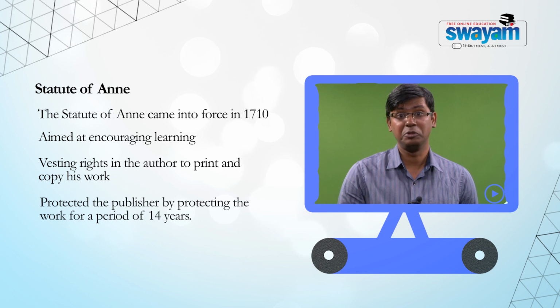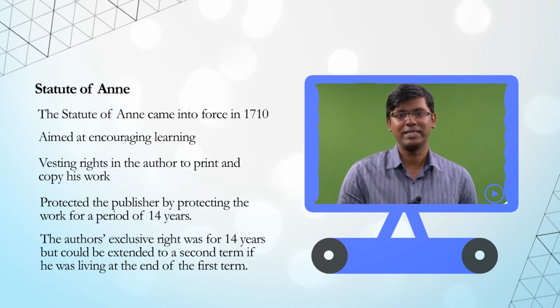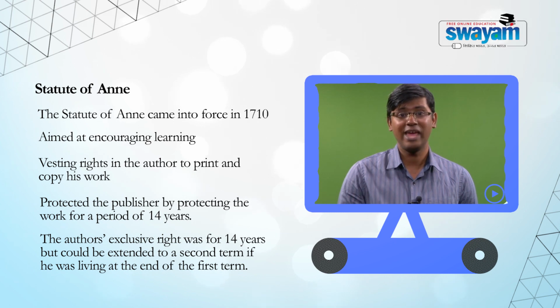It basically protected the publishers by protecting whatever they published for a period of 14 years. The author's exclusive right was largely for a period of 14 years, but it could be extended to a second term of 14 years if the author was alive by the end of the first term of 14 years.